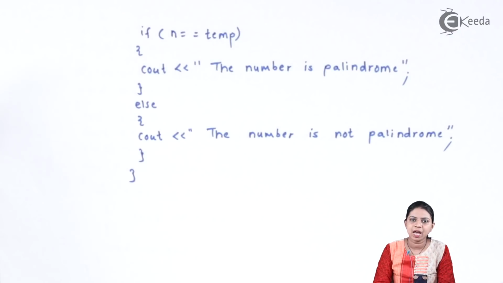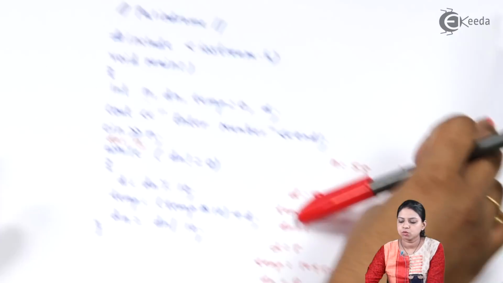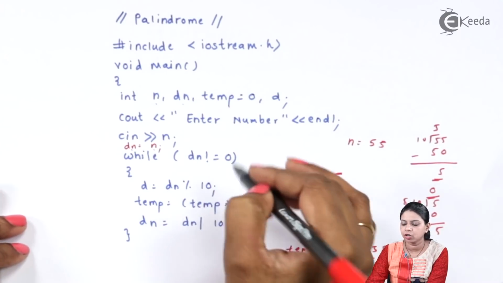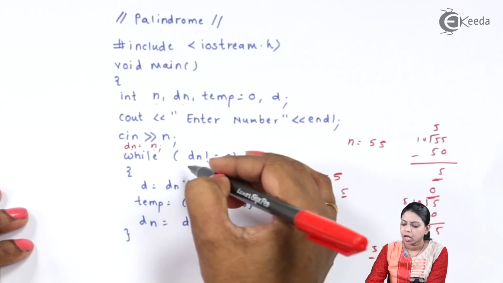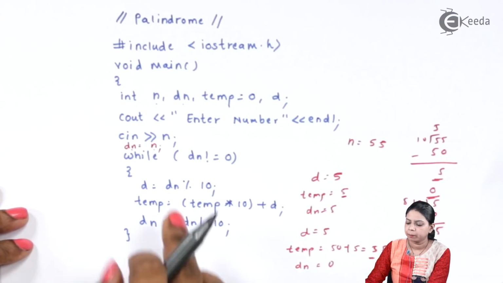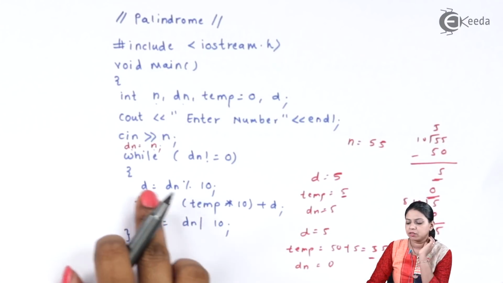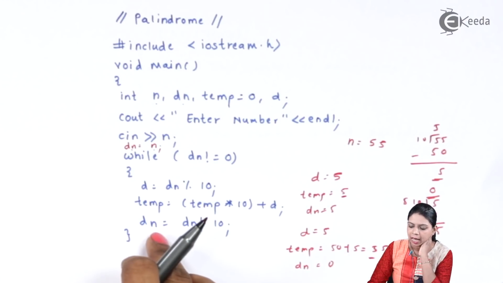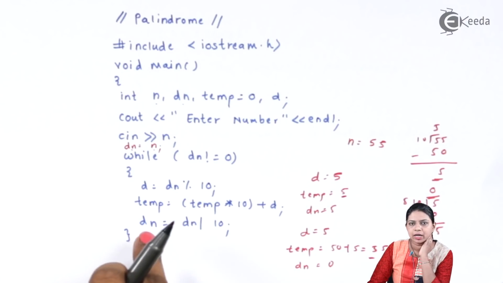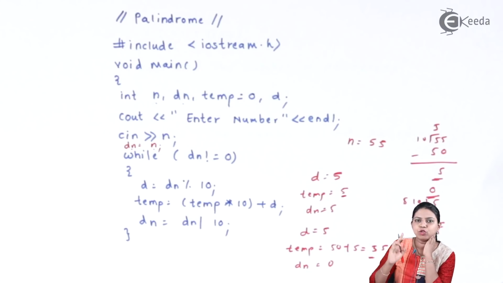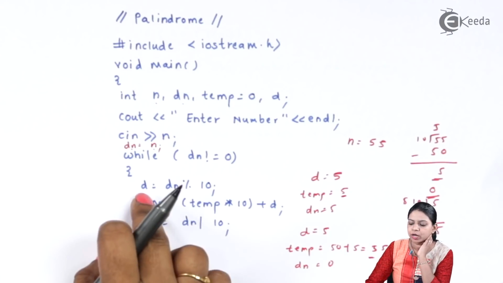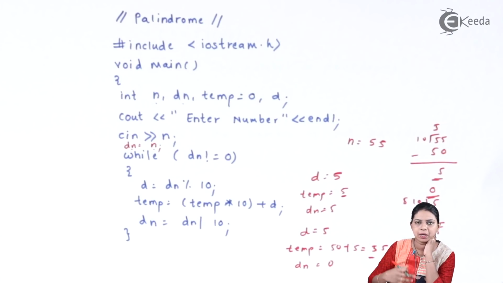So the logic behind this program is: first you divide your number till you get the quotient as 0. And when you divide your number, you collect two things. In the first variable you collect the remainder of the number, and in the second variable you collect the quotient of the number. So you keep on dividing your number by 10 till you get your quotient as 0, and every time you keep on collecting remainders.